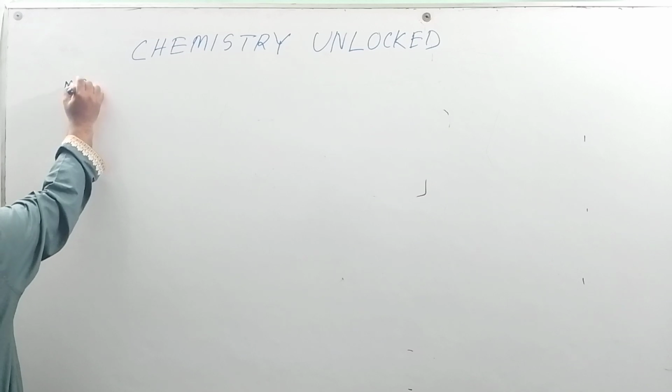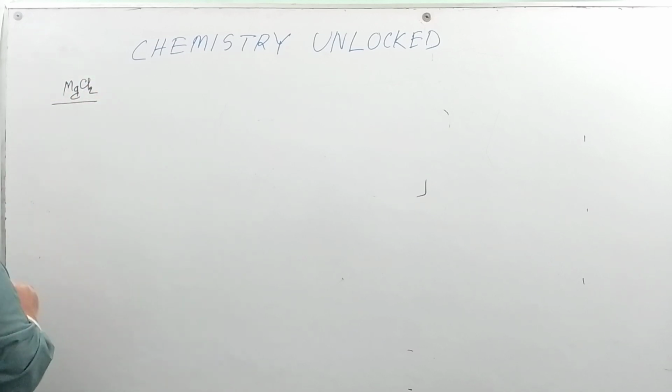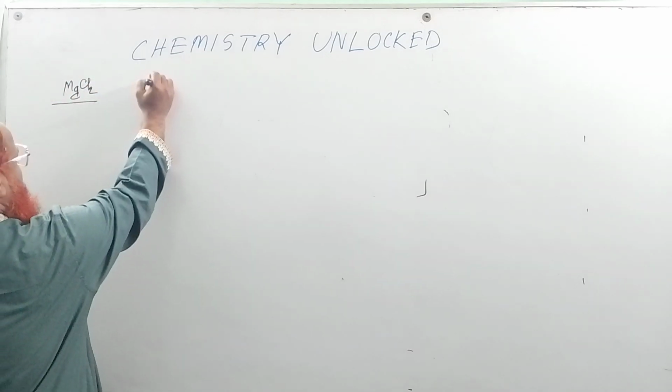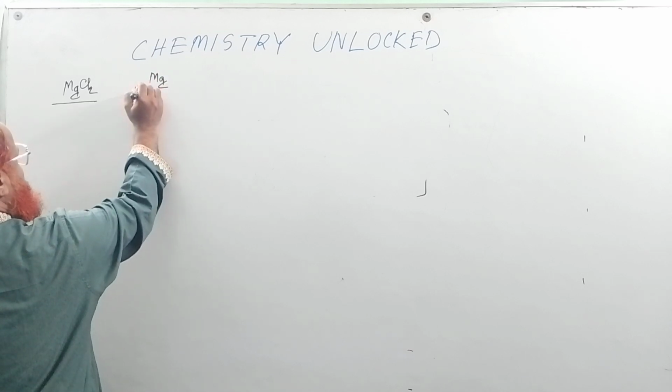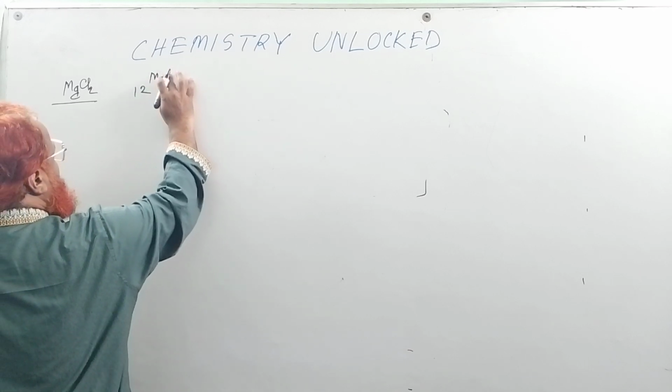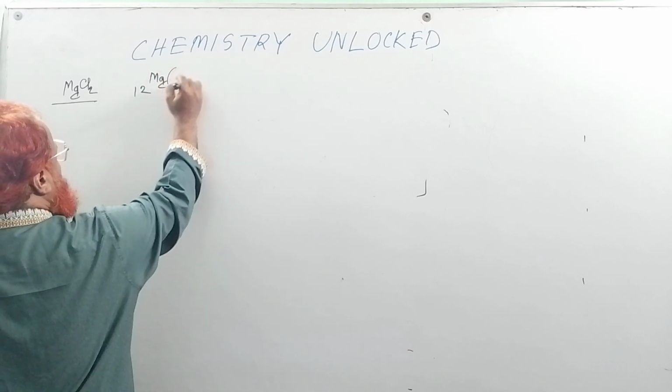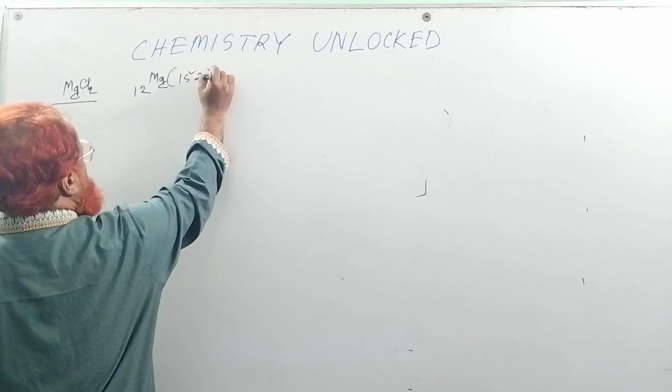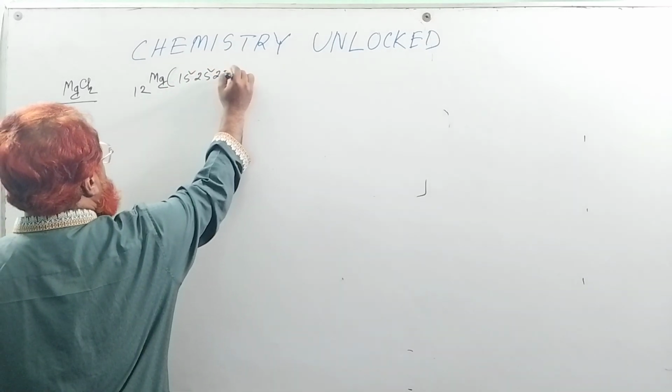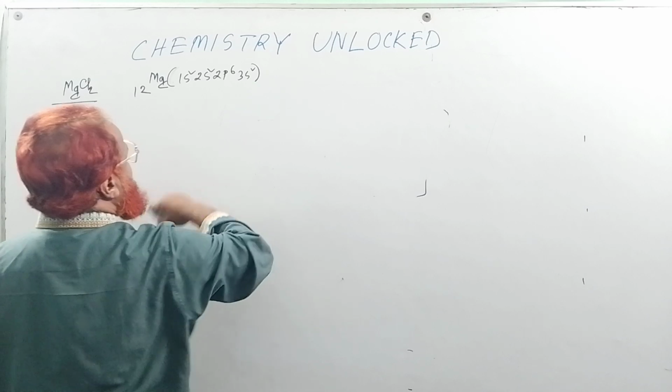Now for the next example: magnesium chloride. Magnesium is 12. 1s2, 2s2, 2p6, 3s2.